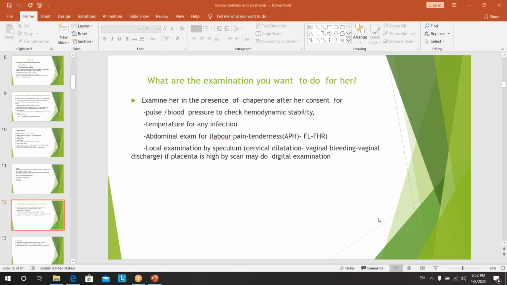Dr. Ali, I have one question. Yes, Dr. Saima? Do we need to give NTD irrespective of blood group of partner? Yes, here you don't know the blood group of the partner.